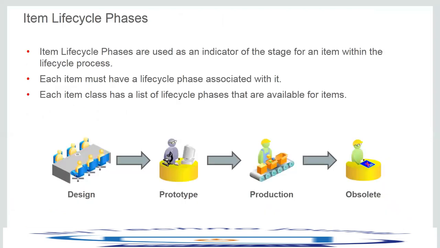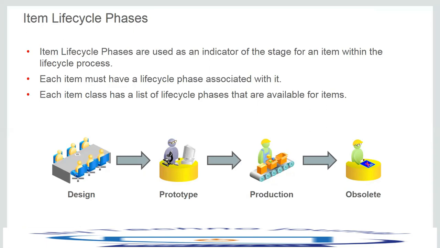So the next topic is on lifecycle phases and item classes. So this particular diagram, as you could see on the slide, depicts 4 phases of item lifecycle, that is the design phase, prototype, production, and obsolete. So the sequential lifecycle phases enable tracking and control of the lifecycle phases of items.